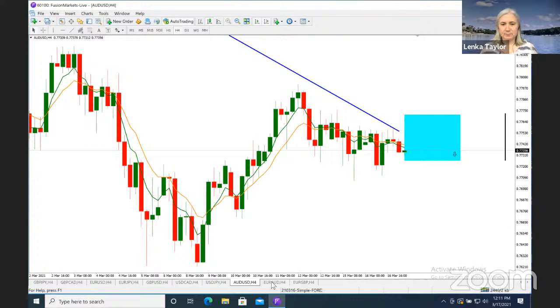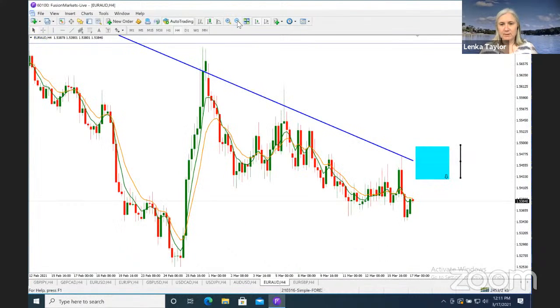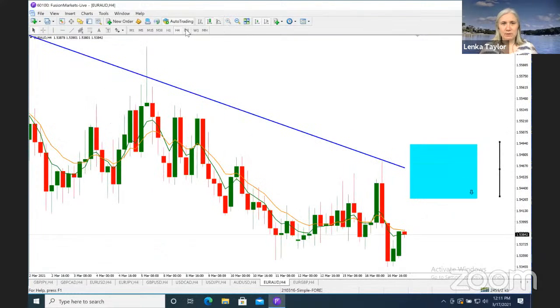And EUR/AUD on the 4-hourly is still going a little bit sideways, not much direction at the moment.